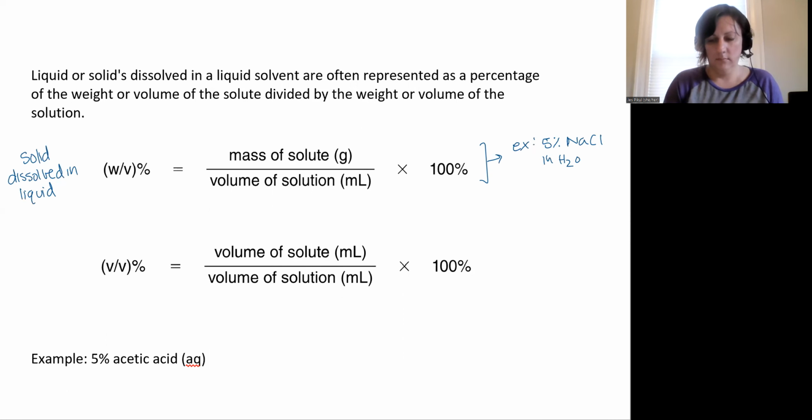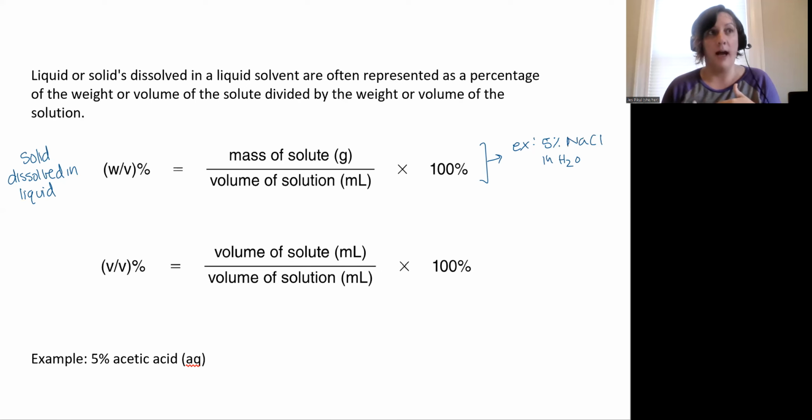So we oftentimes see these weight per volume percentages in hospital settings. So a lot of IV solutions are salts dissolved in water. And so it's tracked as the mass of the salt dissolved in the total volume of the solution, which is the salt plus the water.